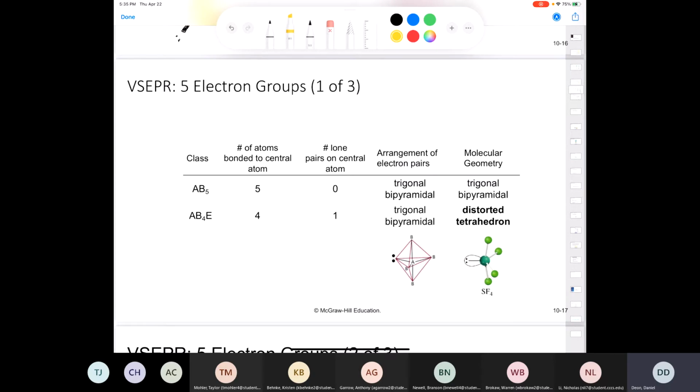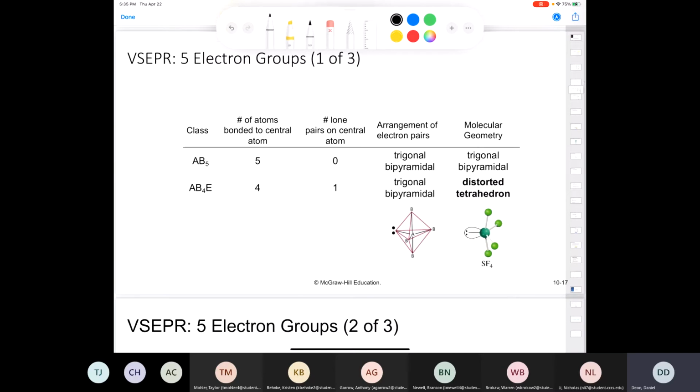You might remember that I told you that in a trigonal bipyramid, if you have AB5, so if we have 1, 2, 3, 4, 5, like this, these are called the equatorial positions, and these two positions are called the axial positions.